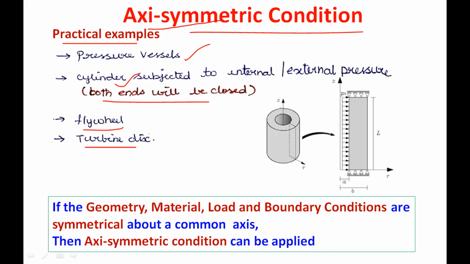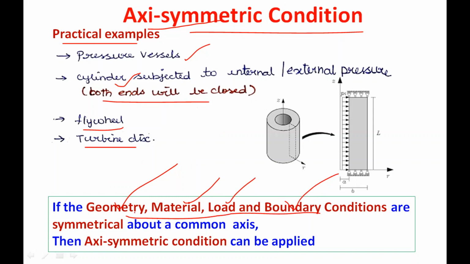In engineering drawing, we have studied solids of revolution like cylinder, cone, sphere, right? So if the components are cylindrical, conical or spherical in shape, then that type of component can be considered axisymmetric. Not only the geometry, but also the material property, external load acting and boundary condition, all these four things we have discussed already.